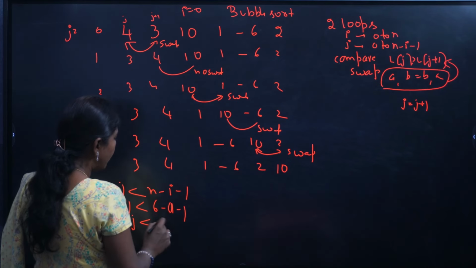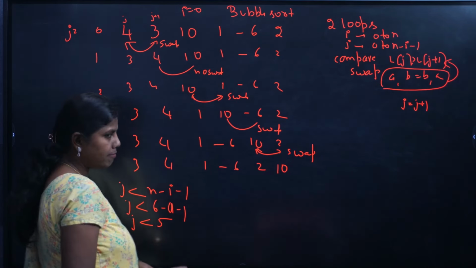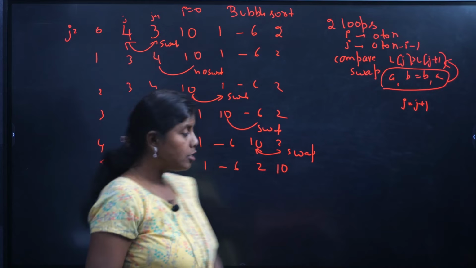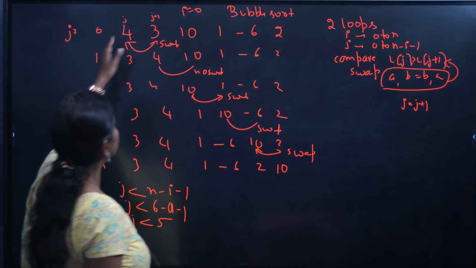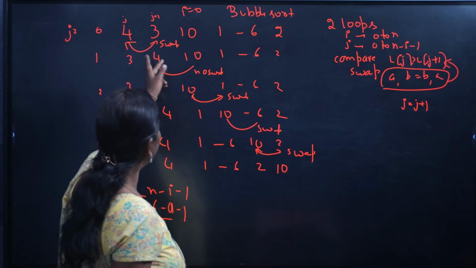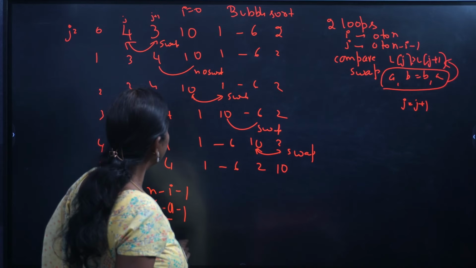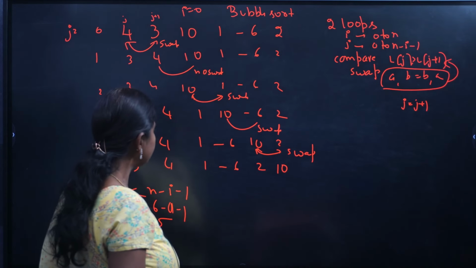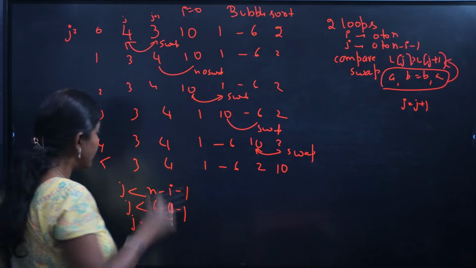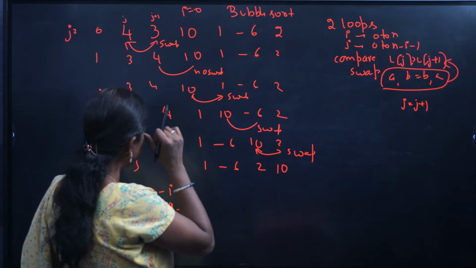J is less than 5. Is the point clear? You can see here 0, 1, 2, 3, 4, and 5.